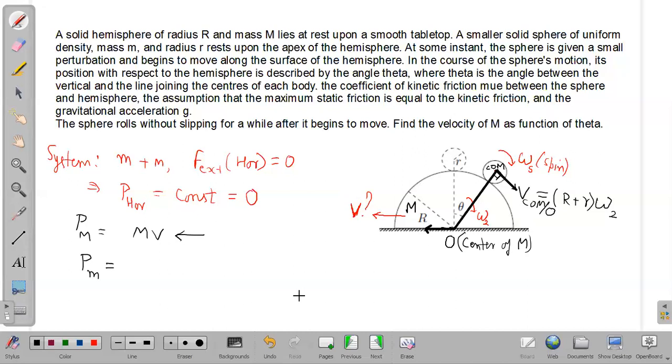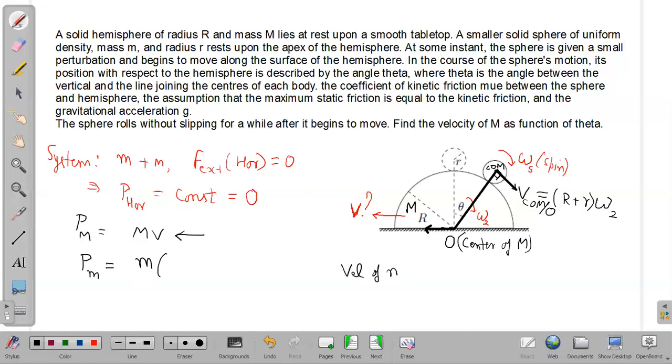While following the conservation of momentum, we need to follow the reference frame attached to the fixed surface, that is the ground, and therefore we will calculate the linear momentum of small m mass in a reference frame attached to the ground. The linear momentum of small m will be small m times the velocity of small m.